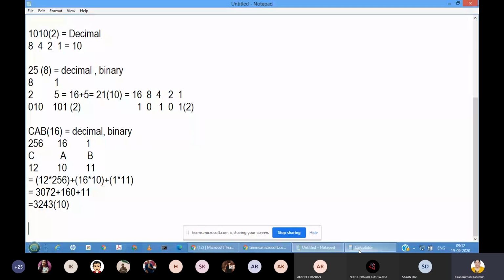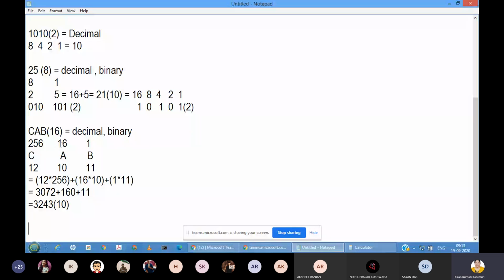Similarly, based on the number system, it is base 16, so ones place, 16s place, 16 squares place, 16 cubes place, वैसे जाएगा to the left. Same thing, binary में देख लो, ones place, twos place, fours place, eights place, 16s place, that is always 2 to the power of. Octal में देखो, ones place, eights place, 8 squares place, वैसे जाएगा. ठीक है, समझ में आ गया? किसी भी नंबर सिस्टम में. हाँ.